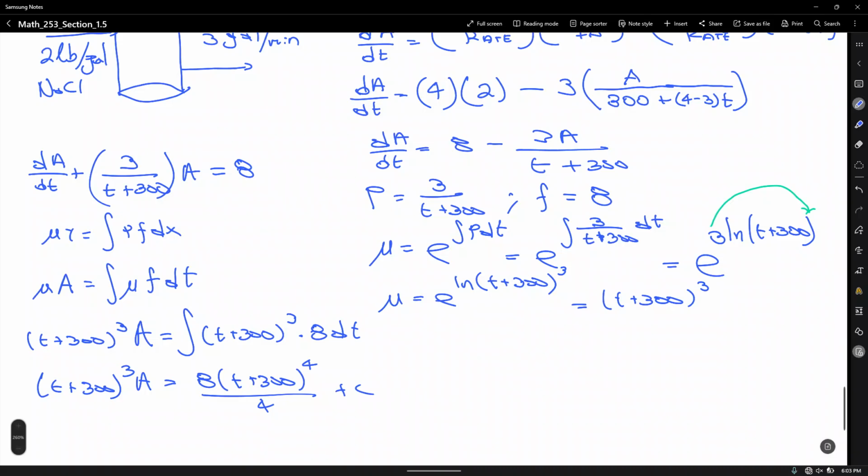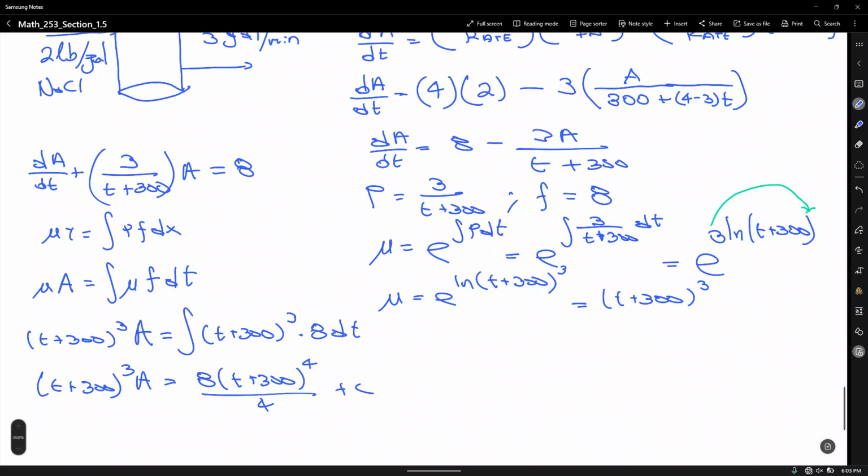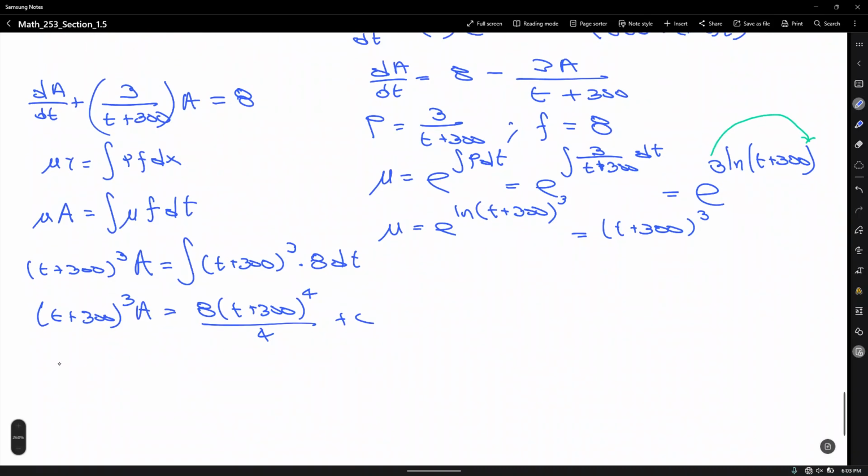And we're only a couple steps away. Actually, I would like to reduce 8 divided by 4. Is that equal to 2? So that's (t plus 300) cubed A equals 2 times (t plus 300) to the 4th power plus C.